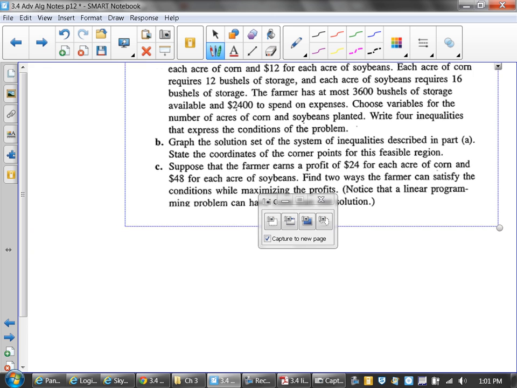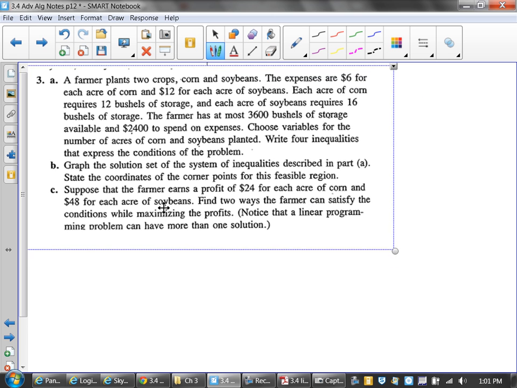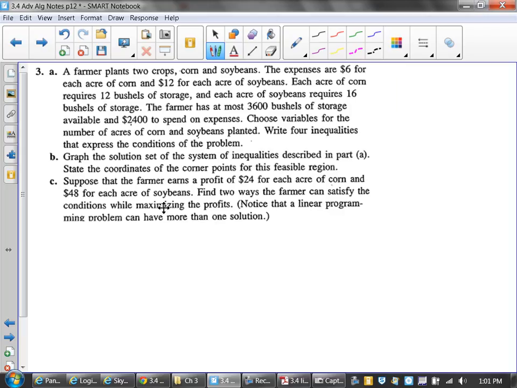As we read through all of this, you know you're talking about expenses and storage capacity, and the goal is to maximize the profit of corn and soybeans. So you have a certain amount of corn plus a certain amount of beans to maximize your profit.